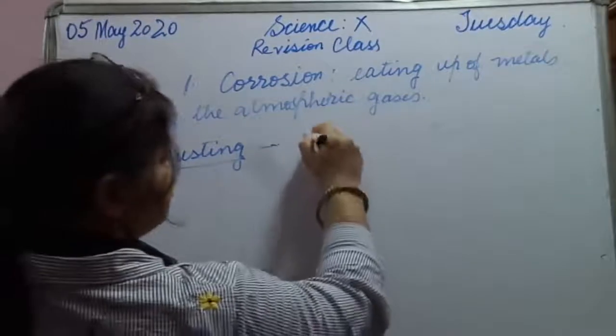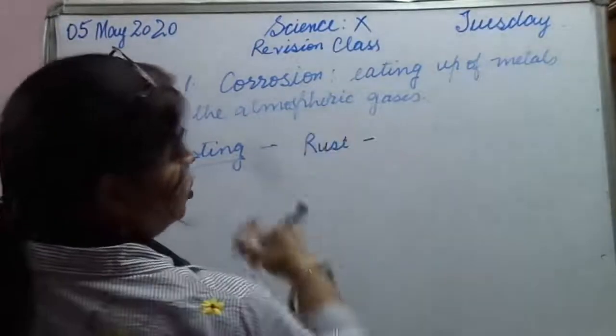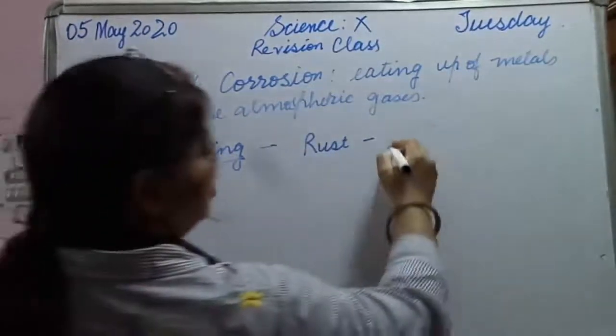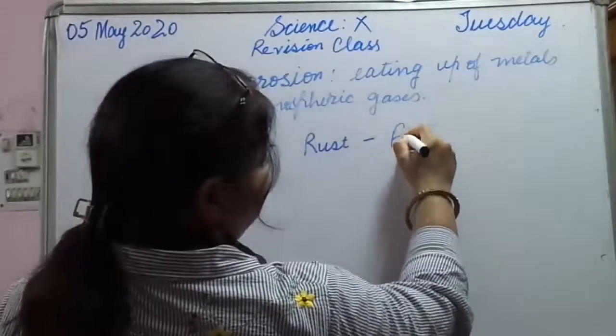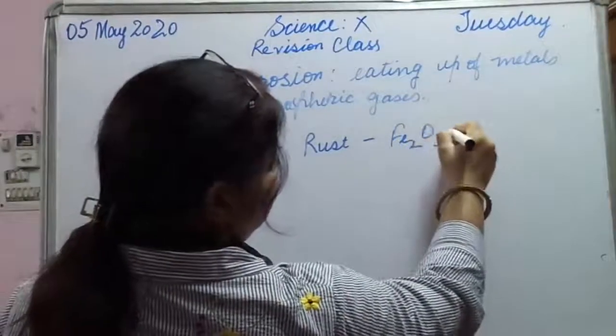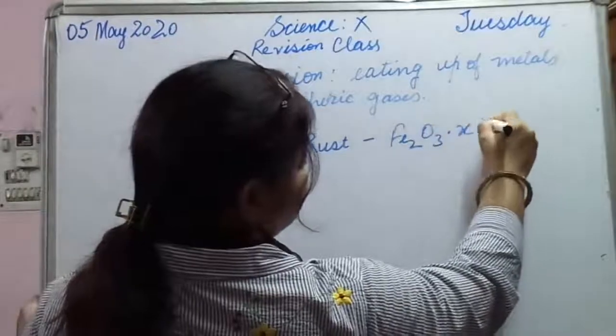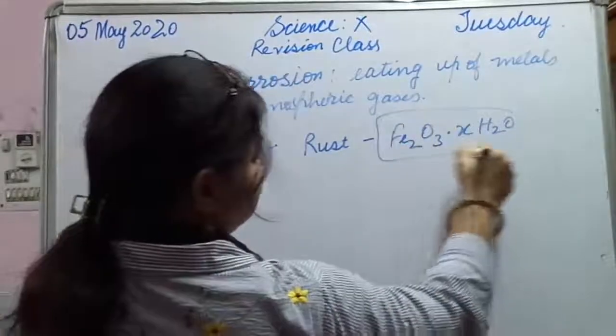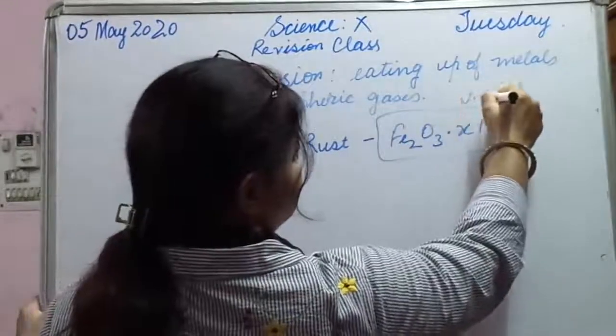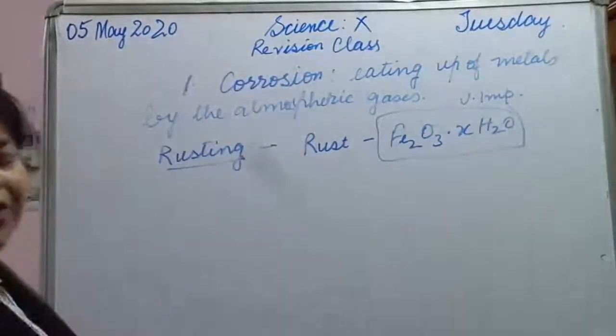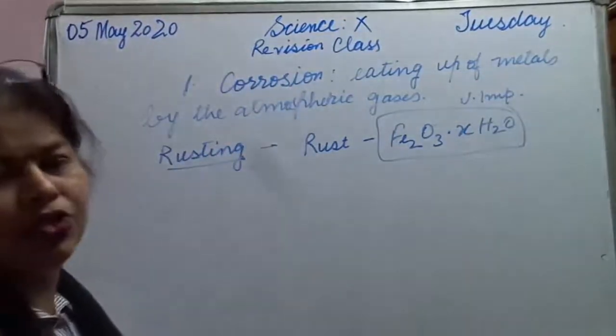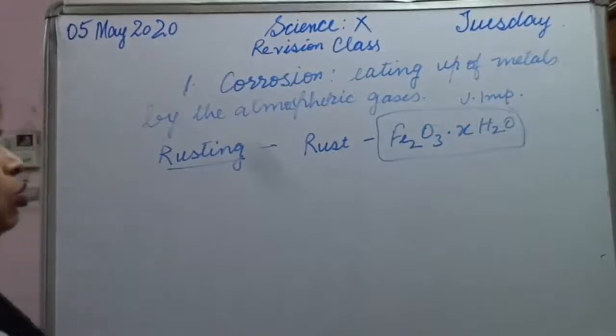We call it rust. Very important to learn its formula: Fe2O3 dot XH2O. What is rust? Fe2O3 dot XH2O.